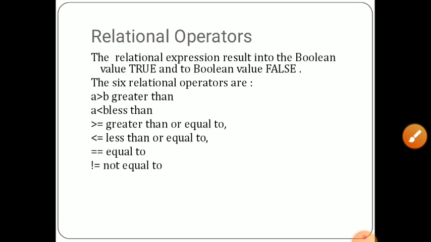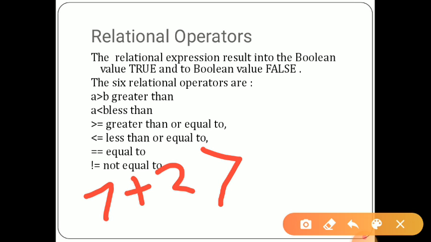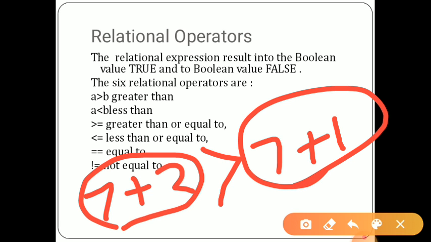For example, the first expression: 7 plus 2 is greater than 7 plus 1, so the answer is true. Python first does the calculations, stores them in memory, and then returns the result.